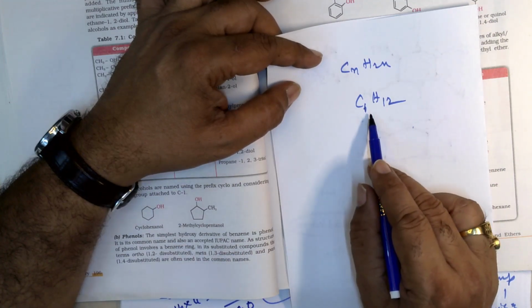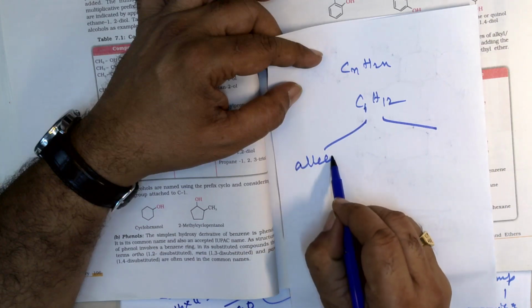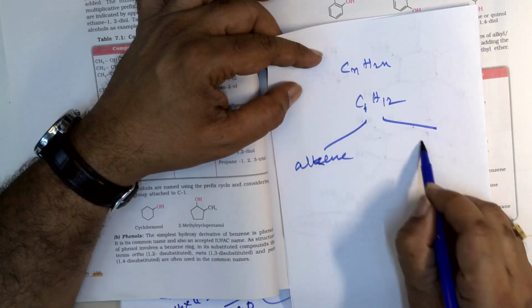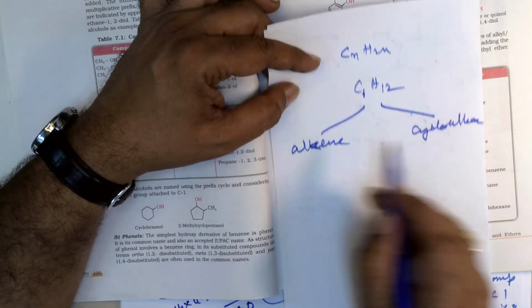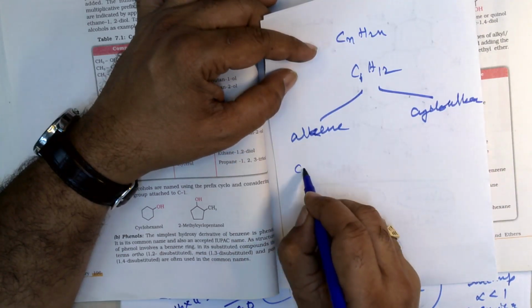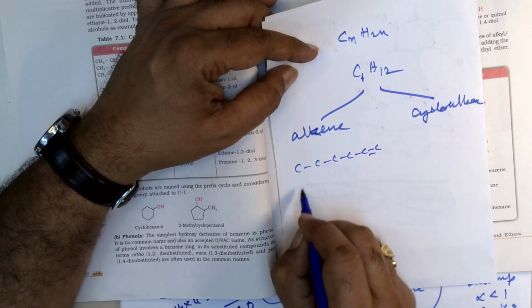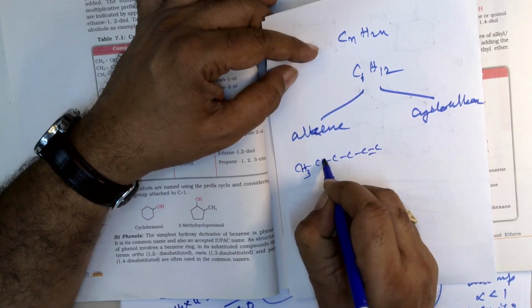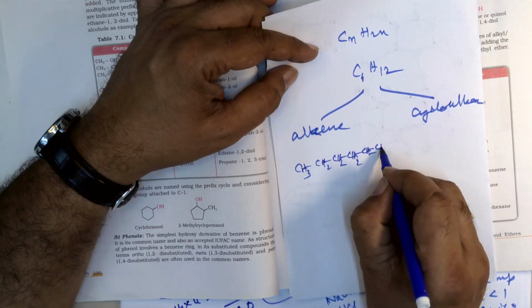For example, let us classify this. This is alkene, and this one is cycloalkane, right? So here let us work out 1, 2, 3, 4, 5, 6. Put a double bond and put CH3, CH2, CH2, CH2, then CH and then CH2.